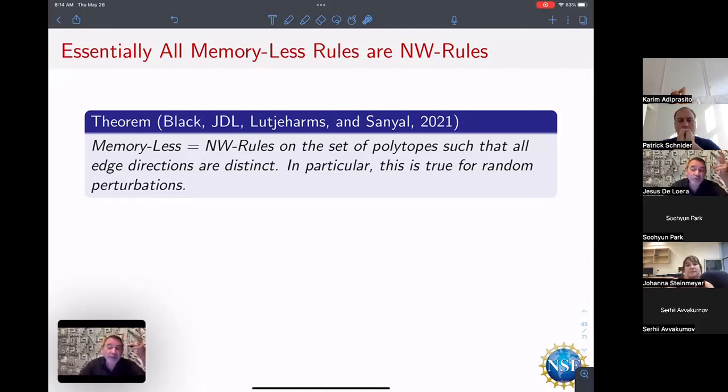The way that you choose the weight is very easy, but the normalization is complicated. That's why we want to study the NW rules, because NW rules in some sense characterize the memoryless pivot rules as long as your polytope has a very specific embedding.